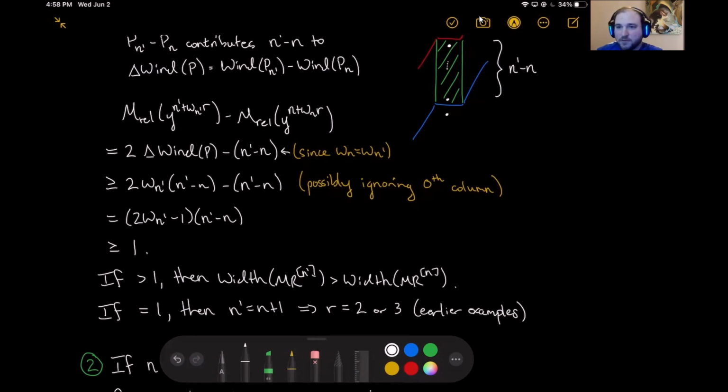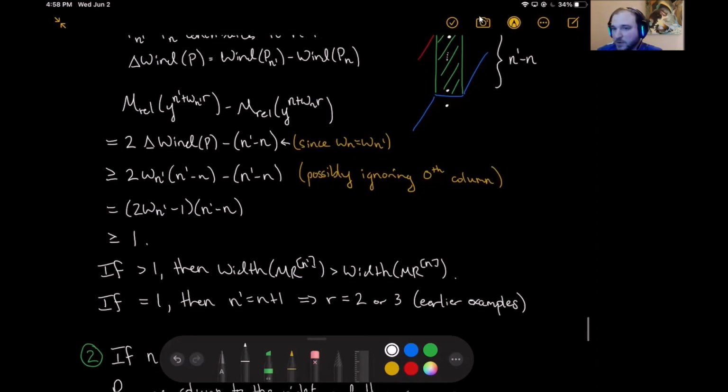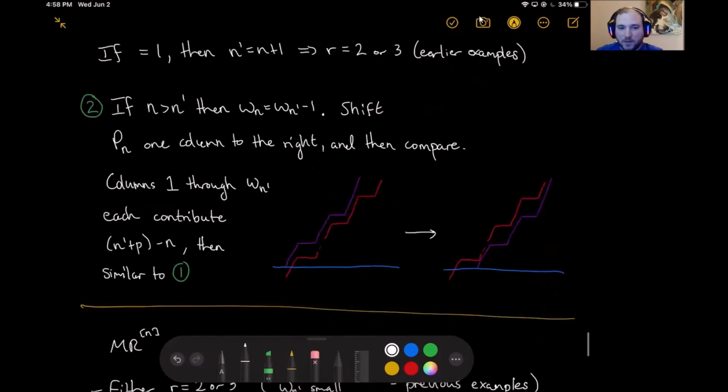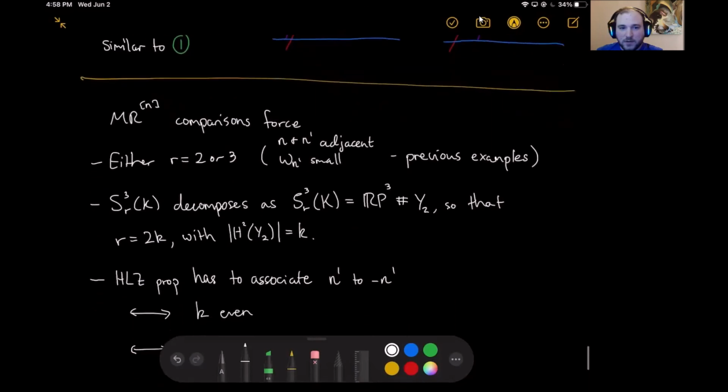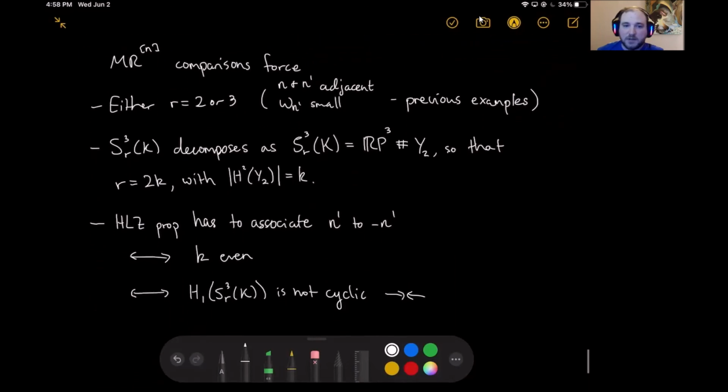So once you have that only 2 spin-C structures can be isomorphic, the rest of the argument basically forces it so that this periodicity proposition requires that it associates n prime and minus n prime. So that tells you that the order of your H_2 of your Y2 summand has got to be even.